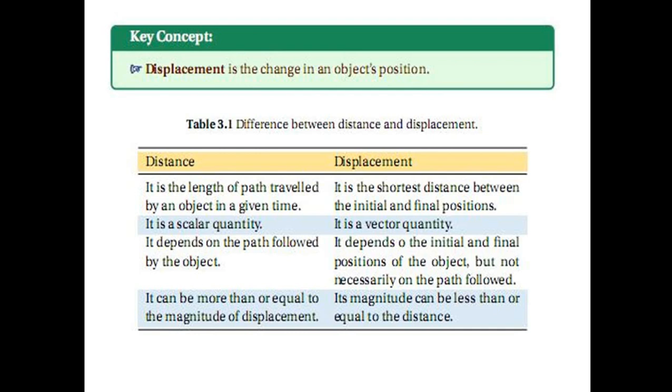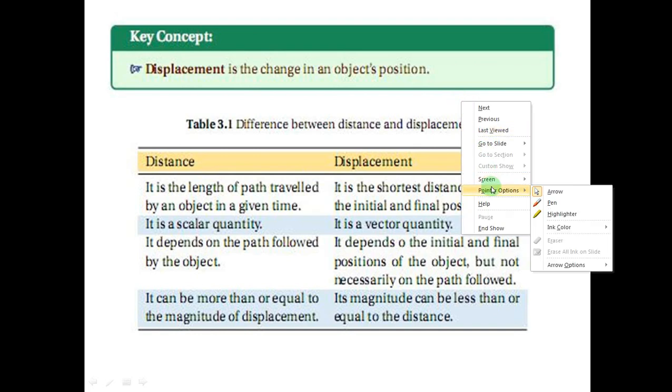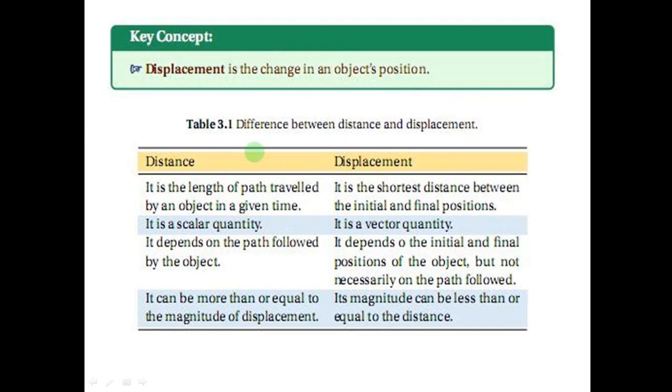So the key concept here is that displacement is the change in an object's position. So generally there is a basic difference between displacement and distance.